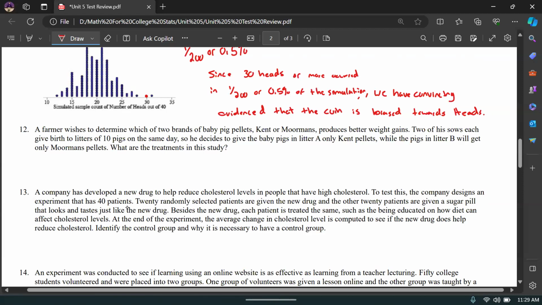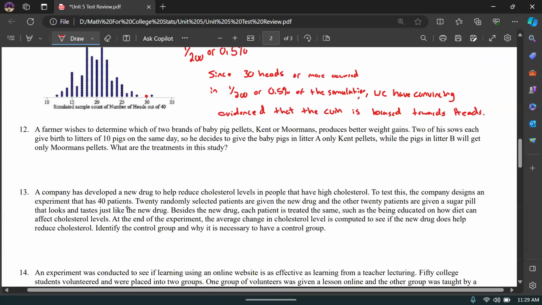The treatments are, of course, just the two different brands of pellets, right? Because one litter is going to get the Kent pellets and the other is going to get the Mormon's pellets. So the difference in pellets is the treatments.